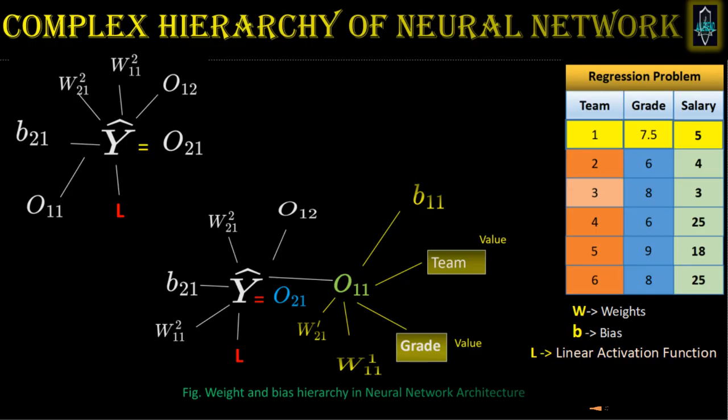So if you see, it's a complex hierarchy, right? To minimize the loss function, we need to change y hat, which is O21. If we change this, we change all 5 things, among which O12 and O11 are sub-complex things. To change them, we have to go more backward and make changes earlier, because we can't change team and grade.